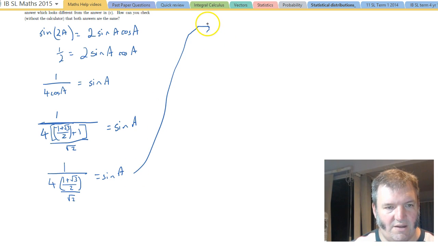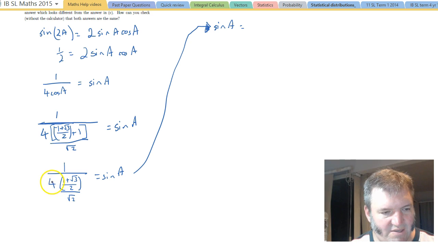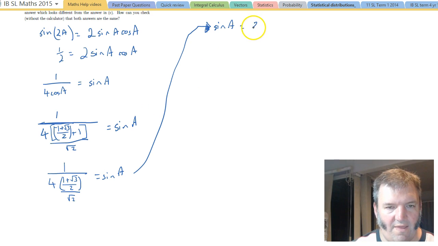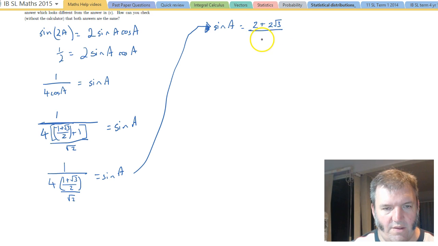That left-hand side I can fix up, but let's just get sine A on the left, because why not, while we're moving all that distance. This 4, when I multiply that numerator, is going to cancel with the 2, and I'm going to get 2 plus 2 root 3, and that's going to be over root 2, and I forgot to say 1 divided by all of that.